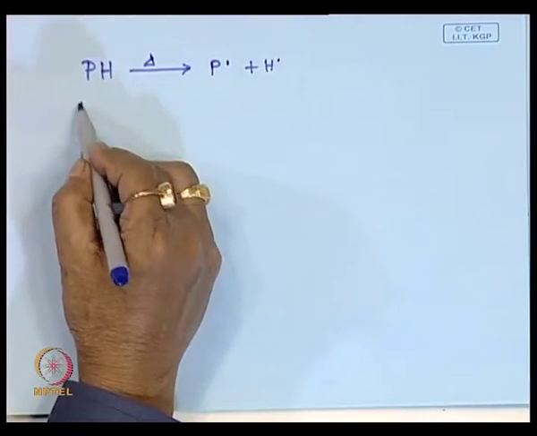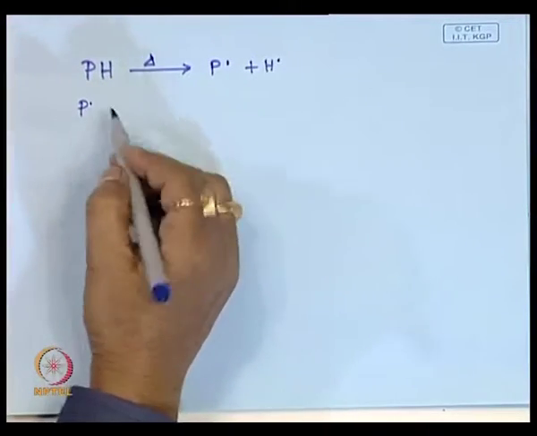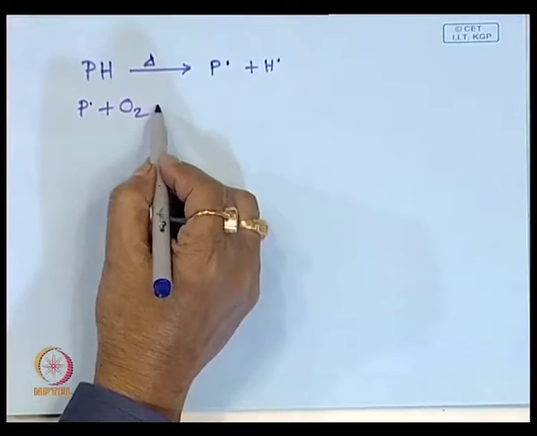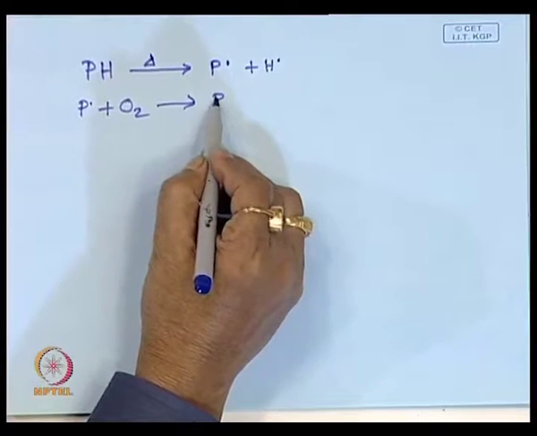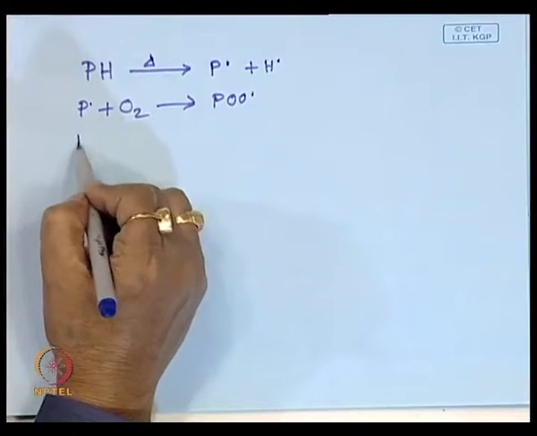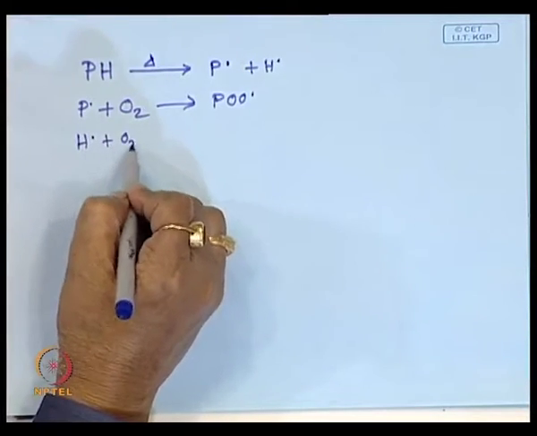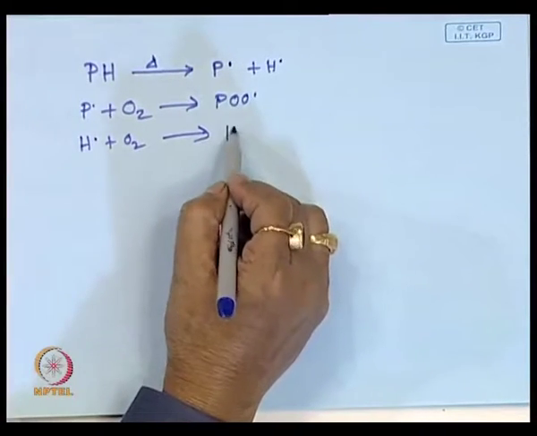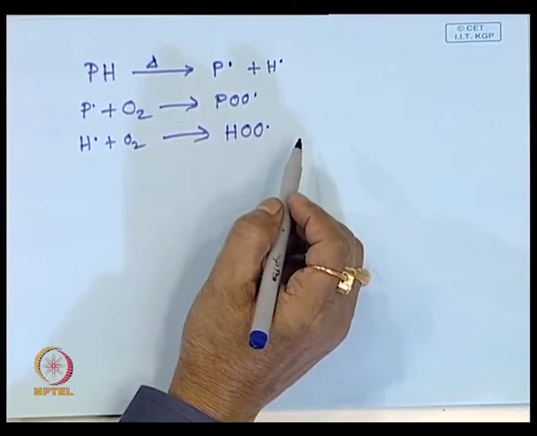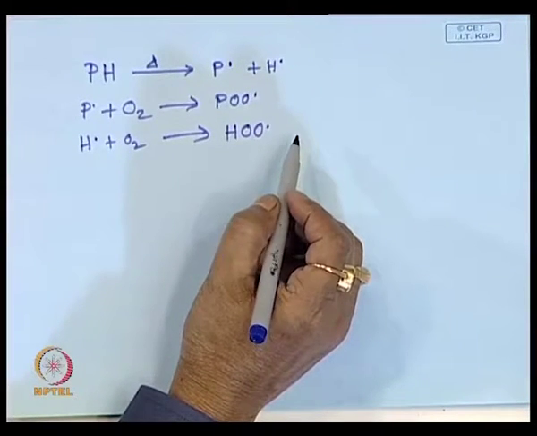Now, this polymer radical, if it gets access to oxygen, forms a peroxide radical, POO radical.